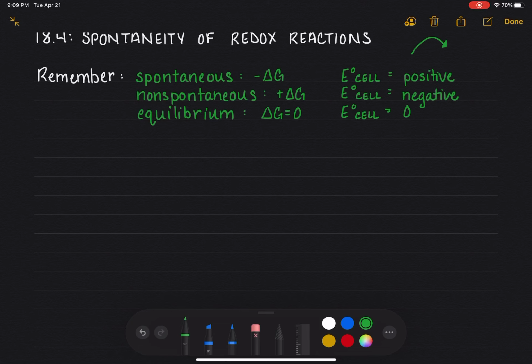So the relationship between delta G and these E cells can be given to us with a mathematical equation.